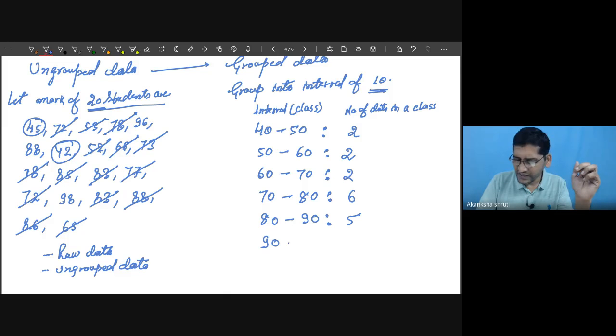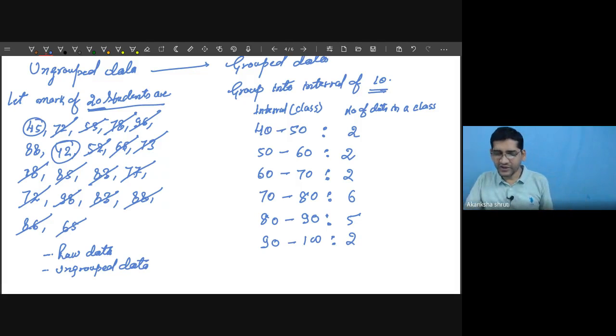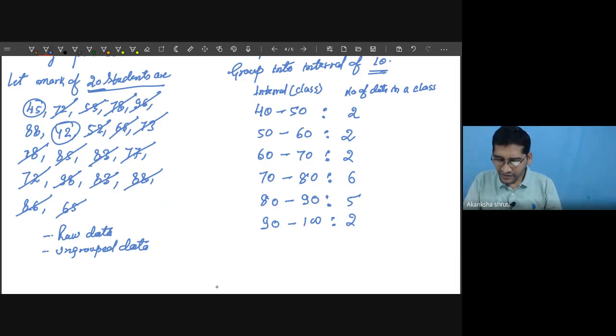Then 90 to 100: we have 96 as one, 98 as two, so only 2 students. So here we have converted the entire data into different groups, and the number of observations in each group is called the frequency.